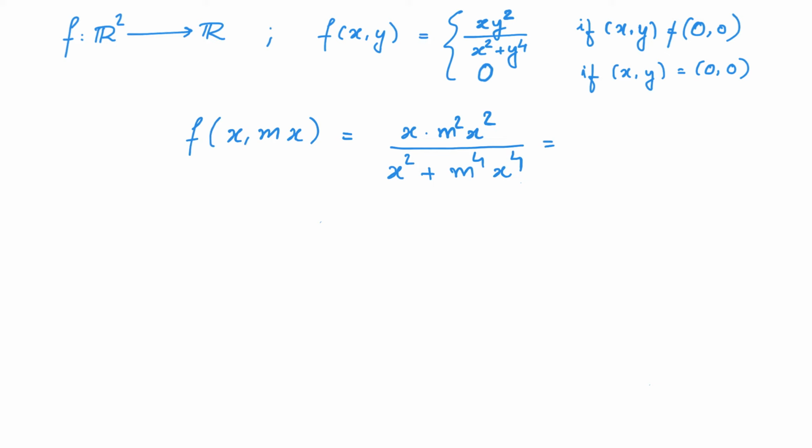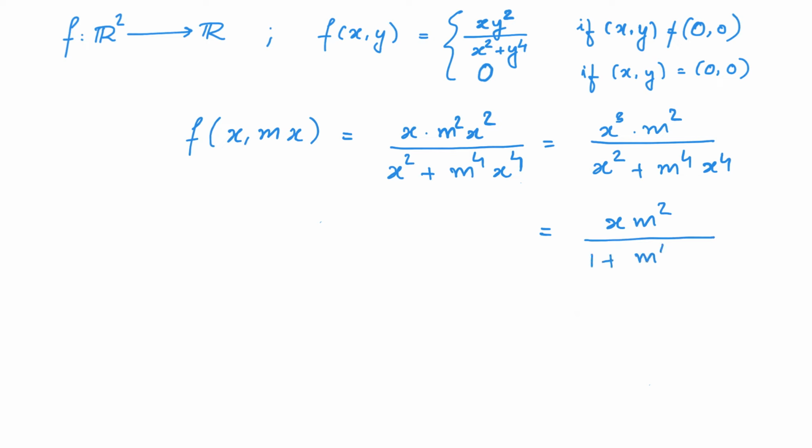This is equal to x cube into m square divided by x square plus m power 4 x power 4, which can be written as x into m square divided by 1 plus m power 4 x square.